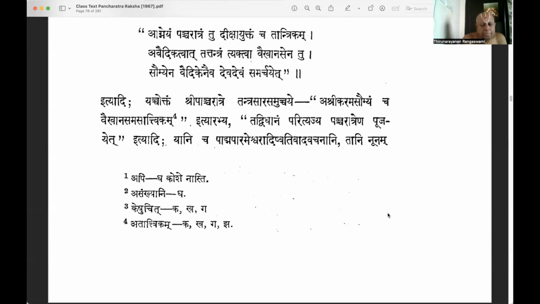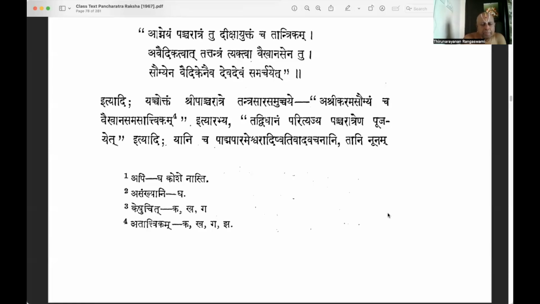Only when people knowing the scriptures use them for worship in the tradition called the Pancharatra, and Tantrikam, the procedure by Diksha, can they be accepted, but these cannot be accepted.